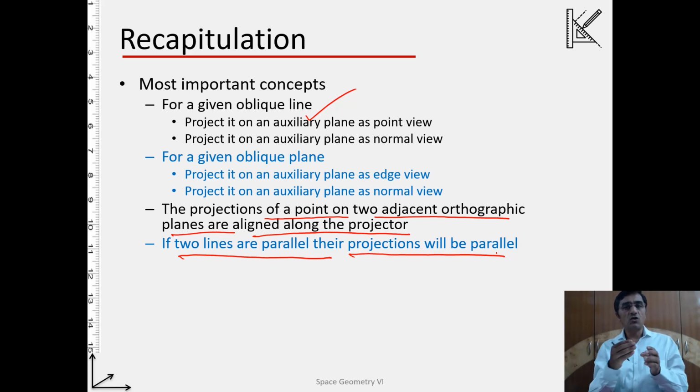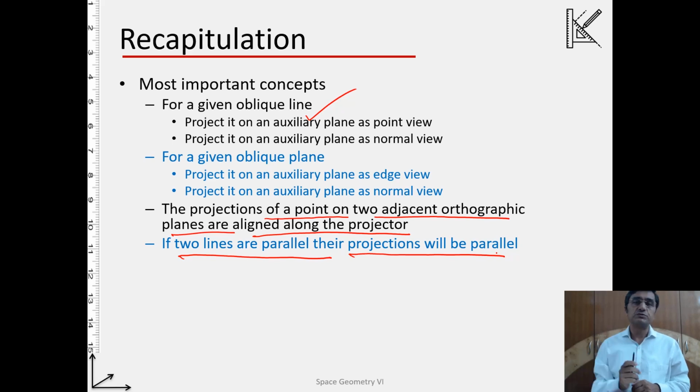If the lines are not normal lines, as we saw in one example where the line was something like this, the line is projected onto the horizontal plane as well as onto the frontal plane, and this projection is normal to the hinge line. Except in that case, if the line is an inclined, oblique line, and I check two lines on two orthographic planes and their projections are parallel, then the lines will be parallel.